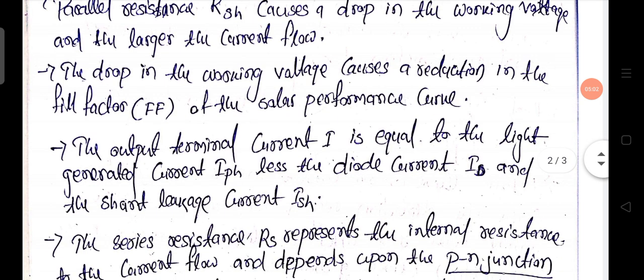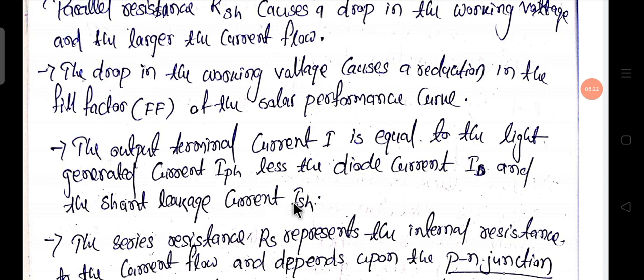Then the output terminal current I is equal to the light generated current IPH less the diode current ID and the shunt current ISH.